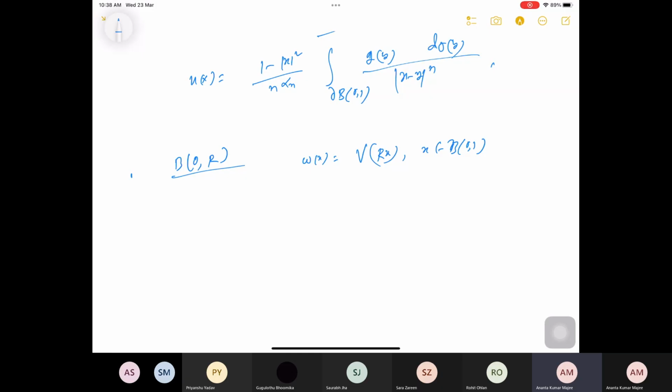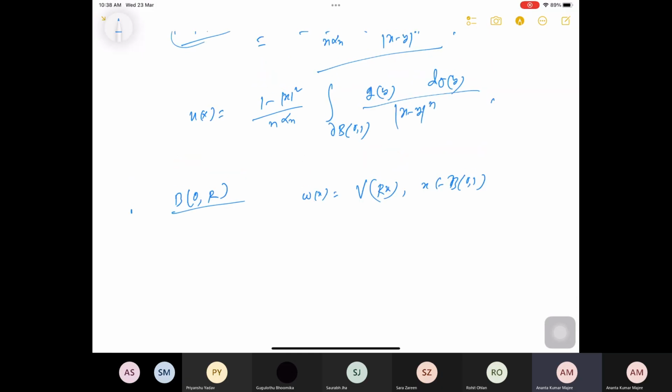So then the kernel in this case is k, minus mod x, k n alpha n, and then I have this part. So for the ball of 0, 1, I can think of this as the integral over dou B of 0, 1 of k of x, y times g of y d sigma y. This is my Poisson kernel.